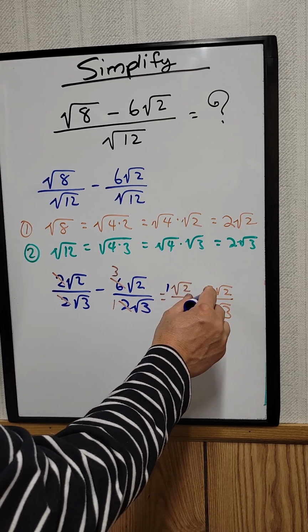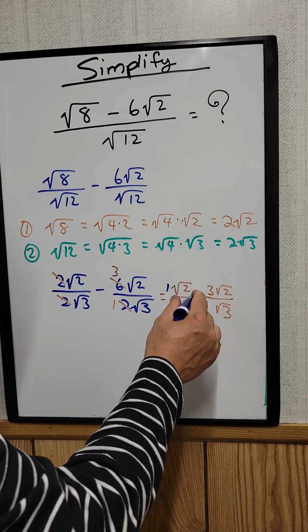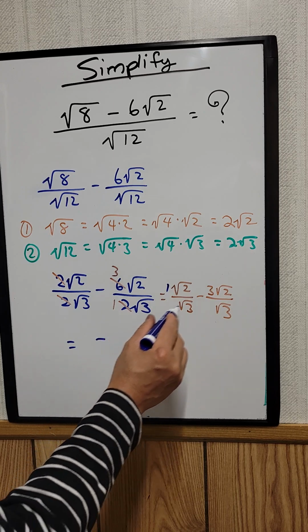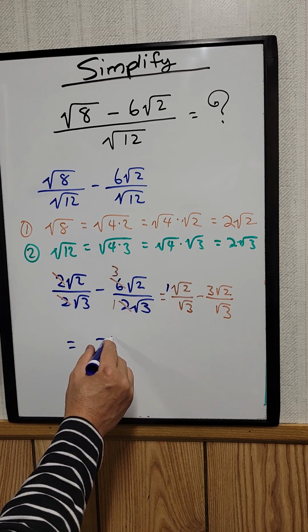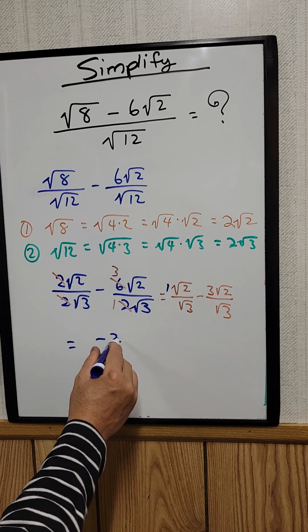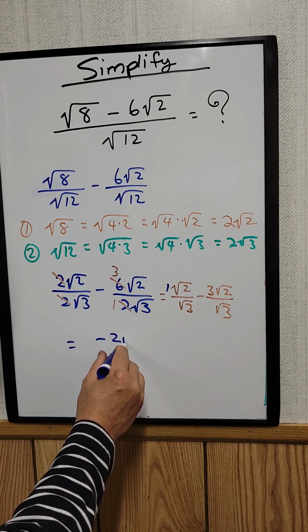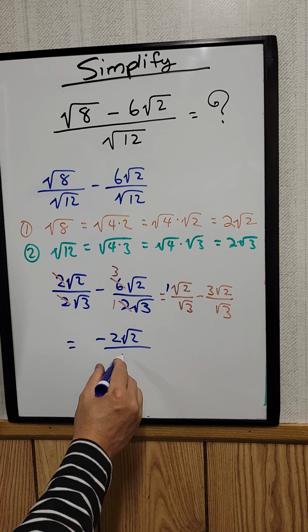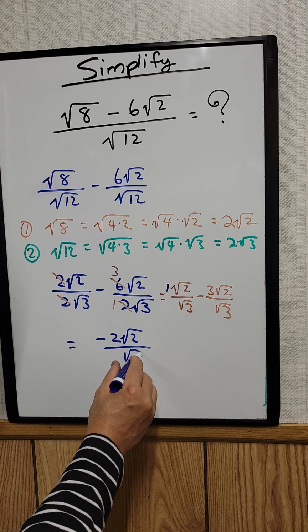So 1 minus 3 will be negative 2. That's just equal to negative 2 times the square root of 2 divided by the square root of 3.